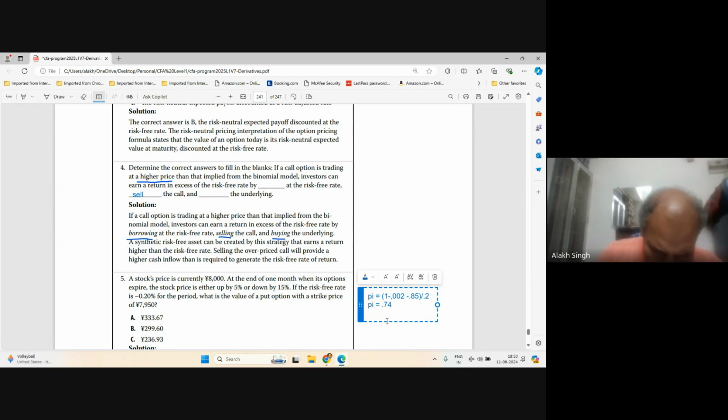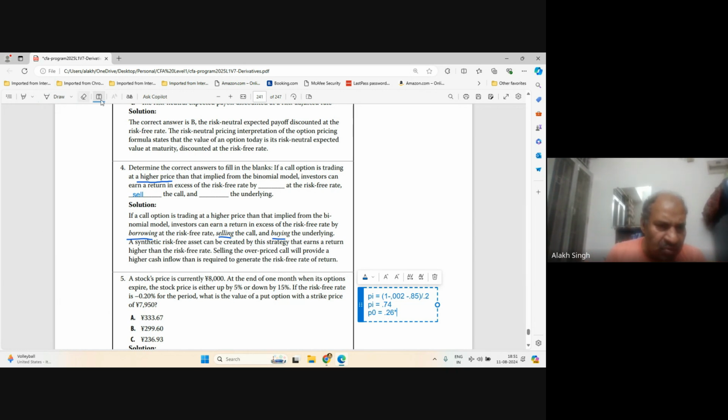So forget this 0.74. P0 is equal to 0.26 times the down payoff, because the up payoff will be 0. What is the exercise price? The stock is currently 8,000 and the strike price is 7,950.